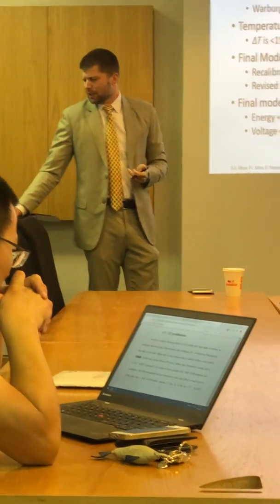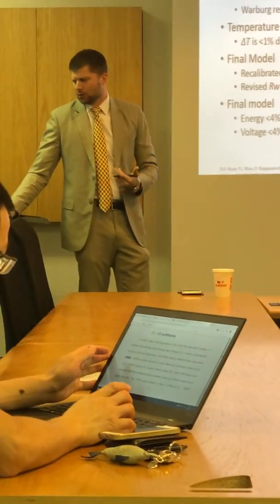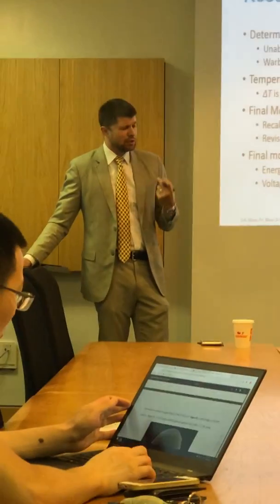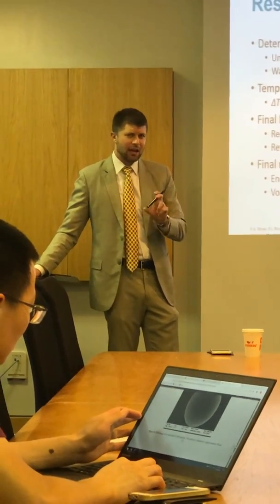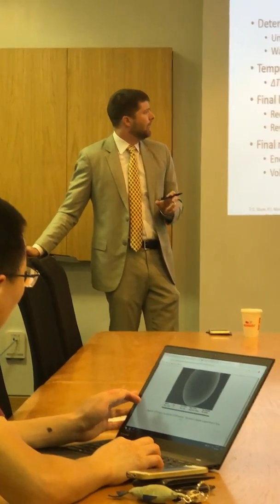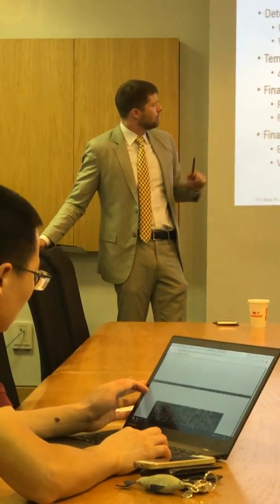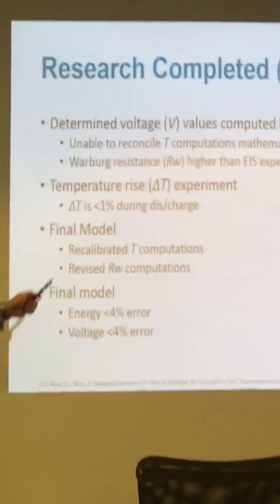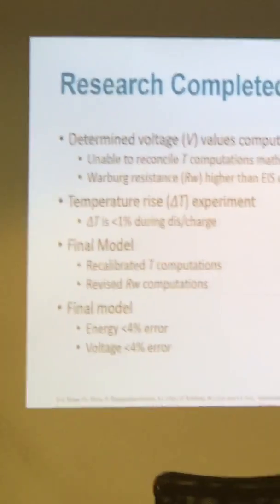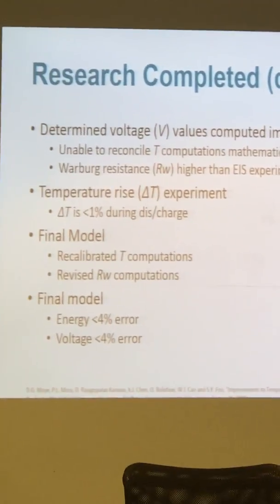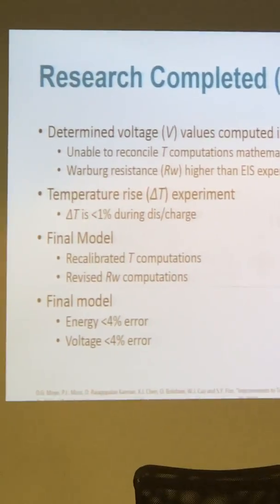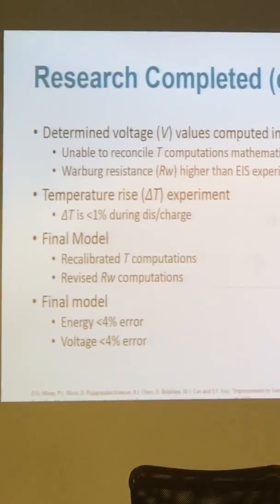And as I dug a little bit deeper, I found that the temperature values the model computed, I couldn't reconcile them mathematically. And also the Warburg resistance that was required to make the model accurate gave me a higher value than my EIS results. So all these three variables, or the questions surrounding them, caused me to dig a little bit further to make a second iteration model.